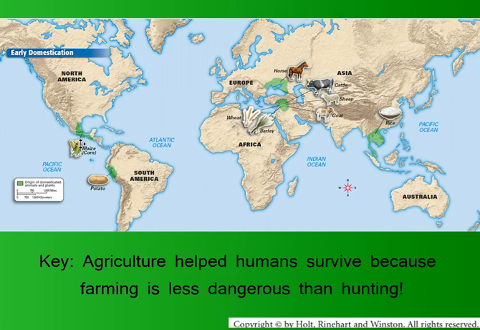In Central America, they domesticated corn. In South America, in the Andes, Peru, potatoes. Horses, cattle, sheep, and goats, all in the northern Black Sea coast and in the Middle East, as well as rice in Southeast Asia, wheat and barley here as well. Agriculture helped humans survive because farming is way less dangerous than hunting is.